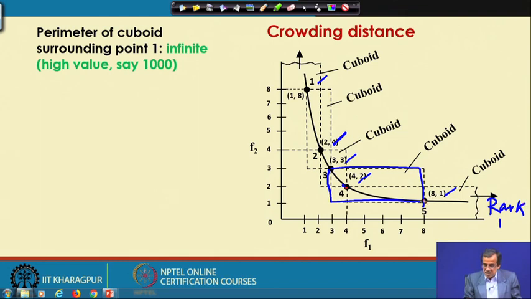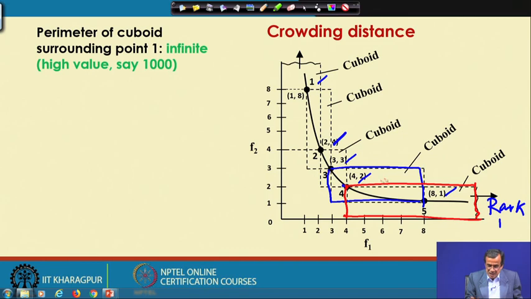So, to calculate the crowding distance value, I will have to consider this type of cuboid, and here actually there is no end because this is moving towards infinity. That means the sum of the side length values for this particular cuboid will be very high, and let me assume a very high value, 1000, 2000, something like that.